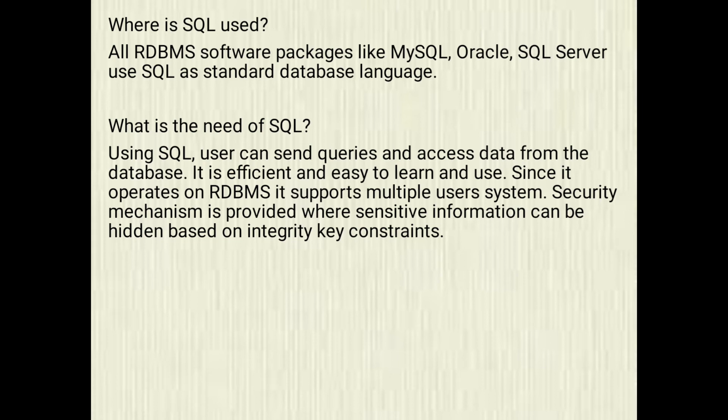Security mechanisms are also provided, where sensitive information can be hidden based on integrity and key constraints, such as the keys we have already seen: primary key, foreign key, candidate key, and alternate keys. Based on these keys and integrity constraints, table constraints and column constraints, security is enhanced using SQL on the RDBMS.